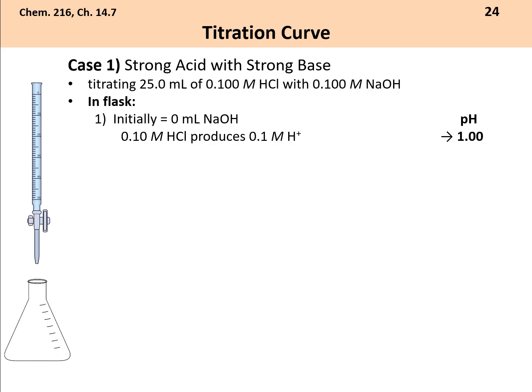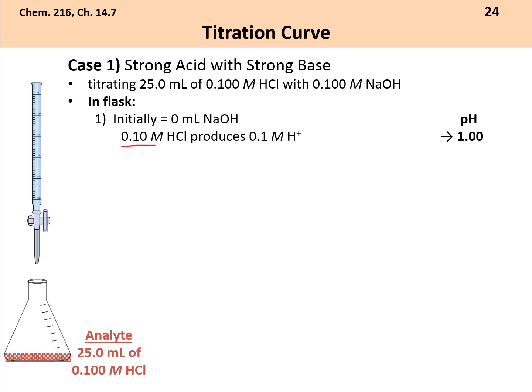All right, so let's say we're going to titrate 25 mLs of 0.1 molar HCl with 0.1 molar NaOH. Okay? That means in the flask, I'm going to start off with 25 mLs of 0.1 molar HCl.